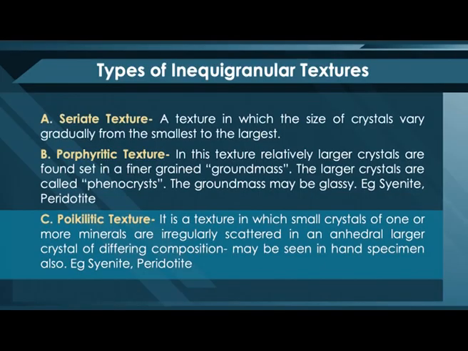This can be seen in some hand specimens also. Syenite and peridotite are examples of rocks showing poikilitic texture. So, inequigranular textures are of three types: seriate, porphyritic and poikilitic texture.